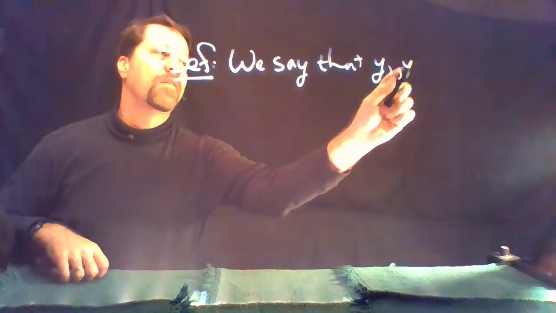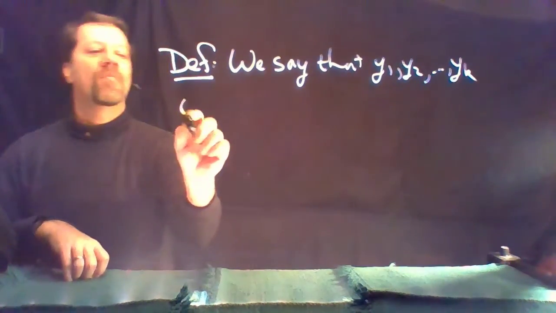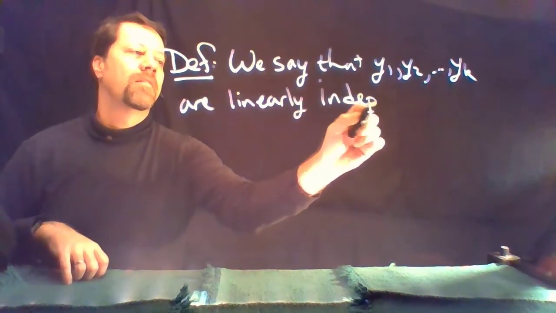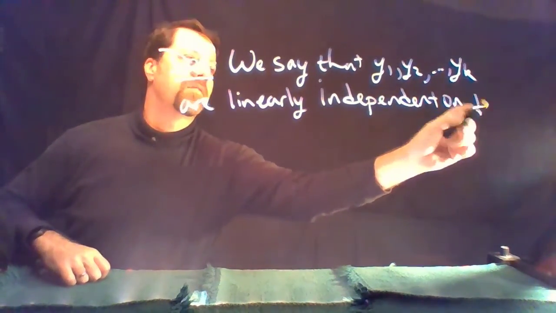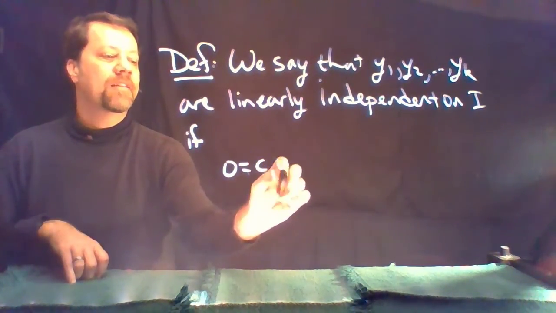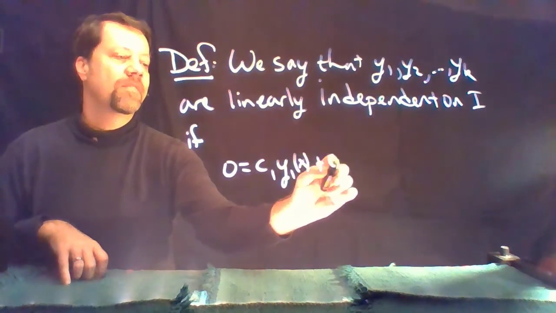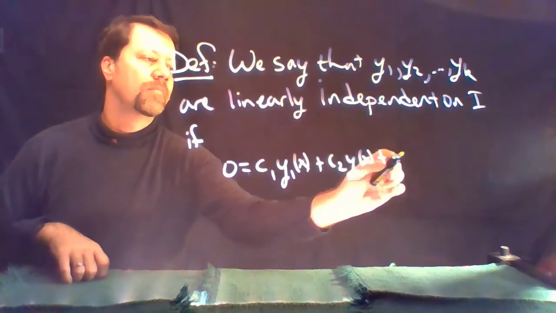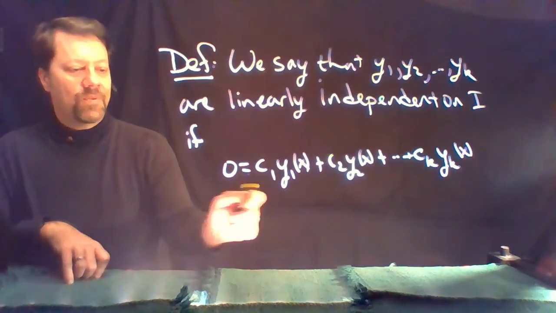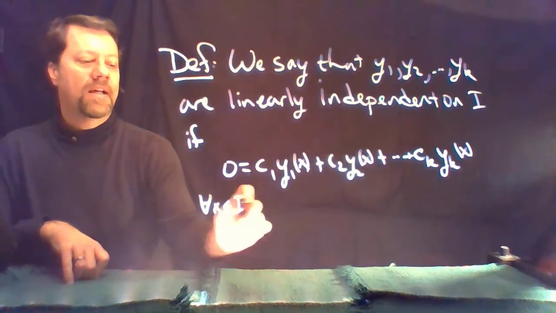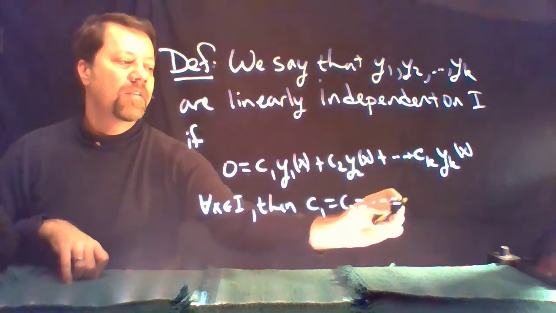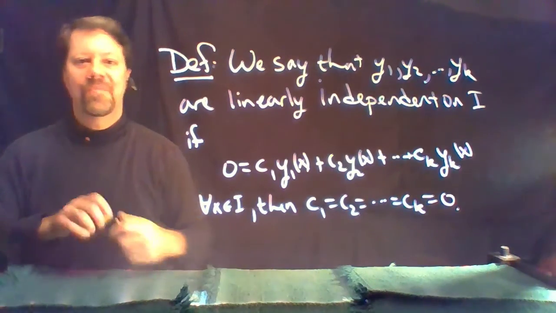We say that y1, y2 through yk are linearly independent on some interval I if whenever you get an expression that is a linear combination of these, that's equal to 0 for all x on I, the only way that can happen is if all of these constants are 0.